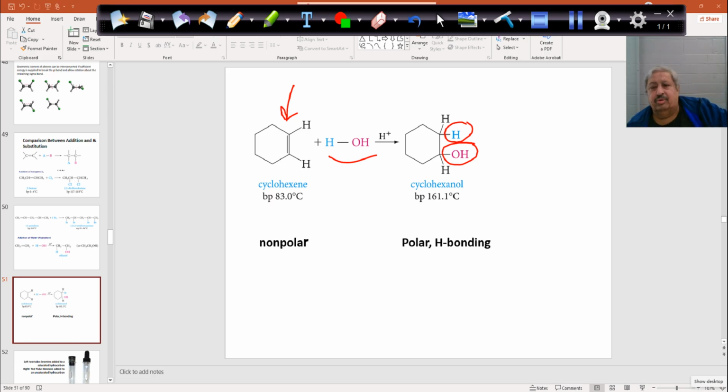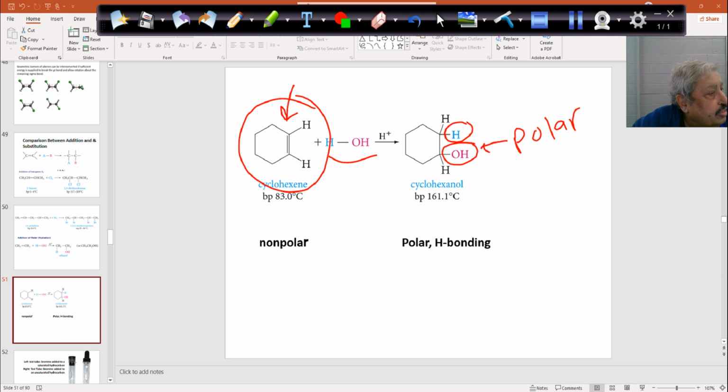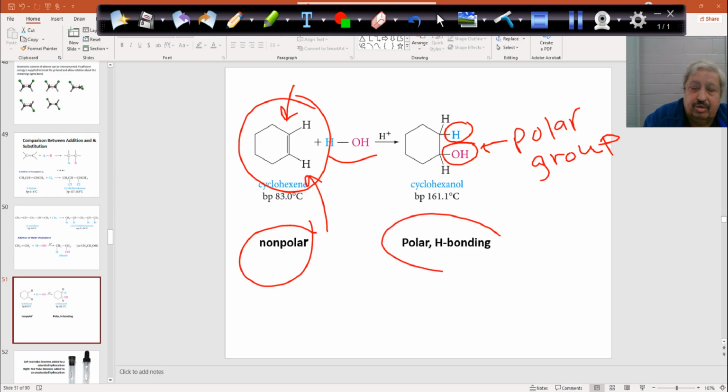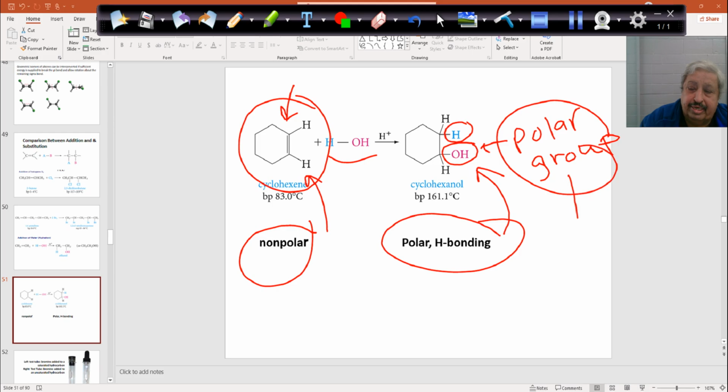OH makes the molecule polar. Here you don't have any OH, that's a polar group. Here you don't have any polar group, so this molecule is non-polar. This molecule is polar, and this polar group makes hydrogen bonding. You might have heard this in 1151, hydrogen bonding.